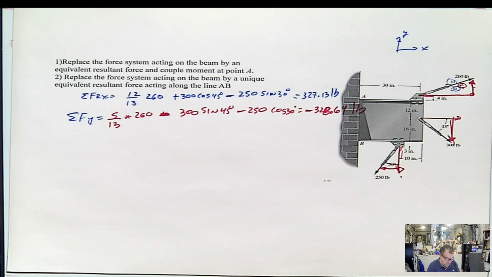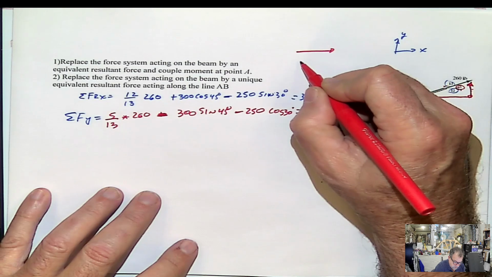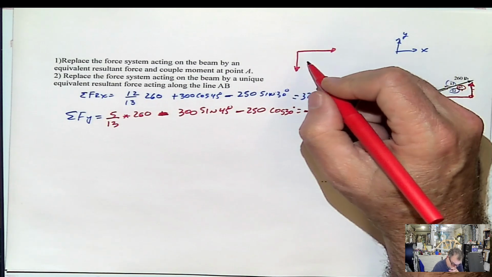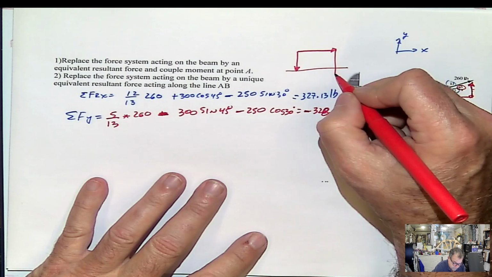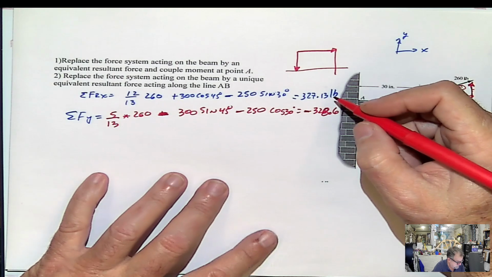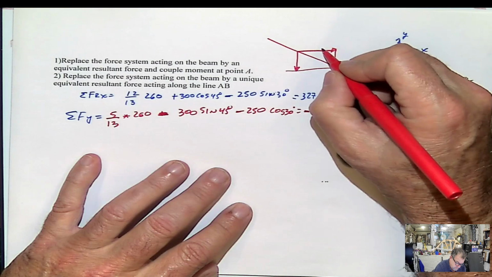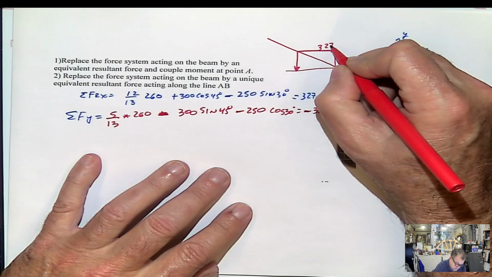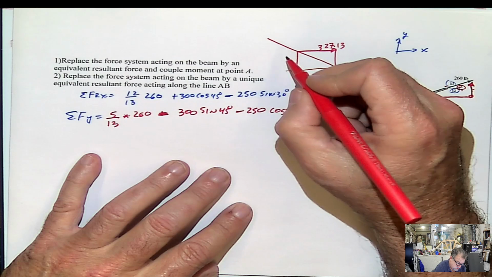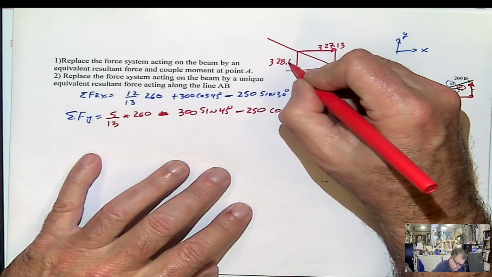Now, what do we need? We have the resultant force in X and the resultant force in Y. This value here is 327.13 and this is 328.64.